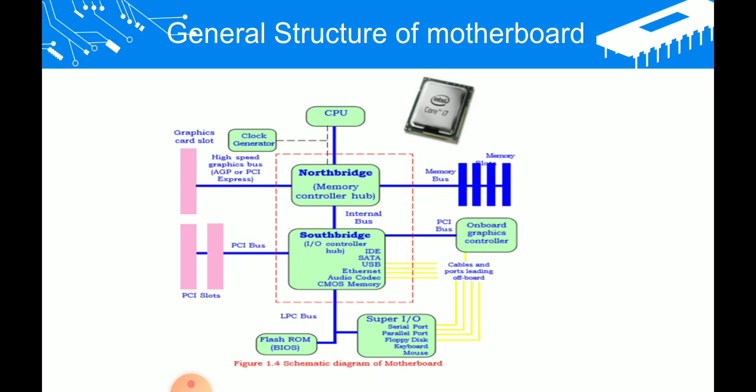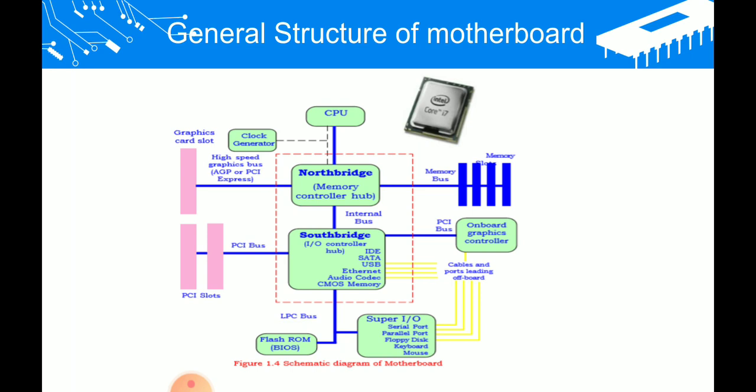Memory bus means that the CPU will ask for data from the memory slots and the memory bus will make a communication path to send the data from the memory slot to the CPU. There are various types of bus you can see in the picture, that is memory bus, PCI bus, LPC bus, internal bus, and others. You can see north bridge and south bridge also.